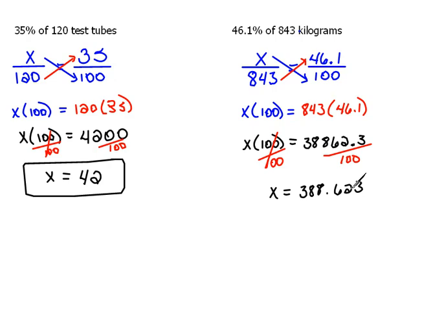So now we could round. If we wanted to round to one decimal place, then we could say that was 388.6. That now is a fine answer. And going back to our logic, we said that our answer should be less than 420. And that absolutely is. So that's a reasonable answer.